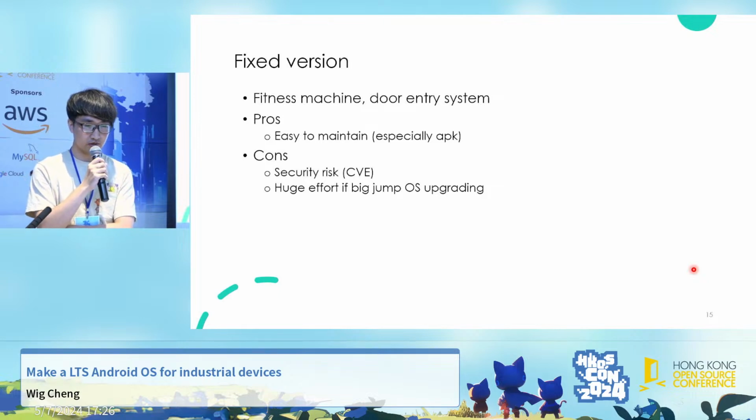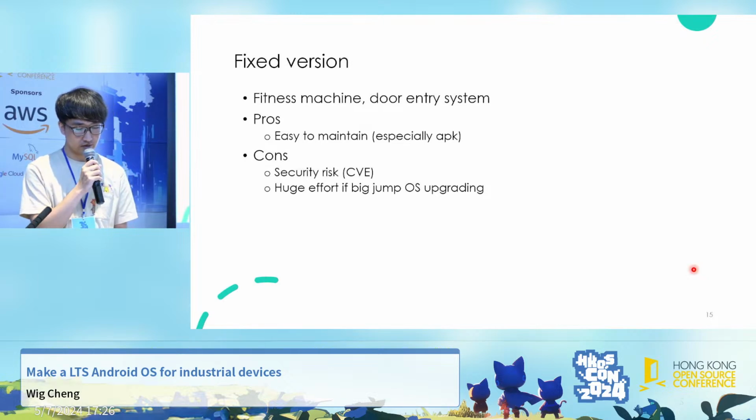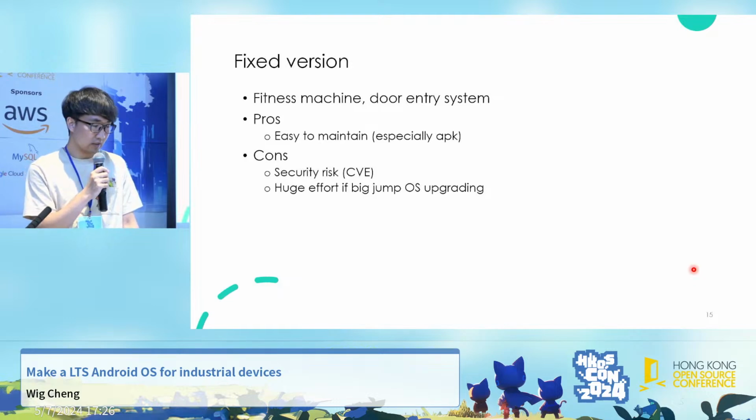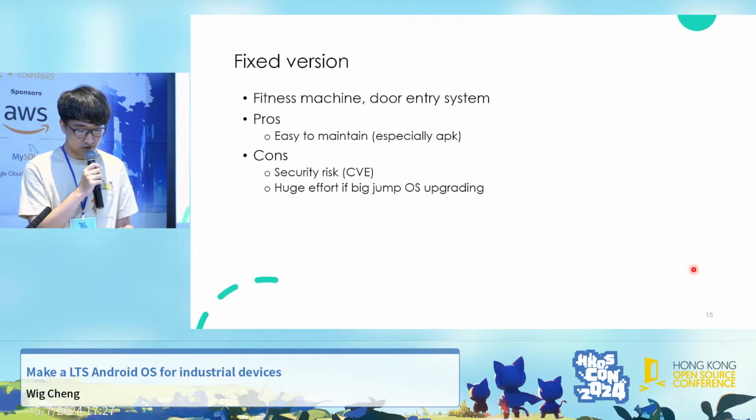So if your OS is fixed, it means the Android SDK does not need to be updated for their app as well. But the cons are easy to see. It's a high security risk, especially CVE issues. And it will take huge effort if one day they have a requirement for a big jump in OS upgrading.